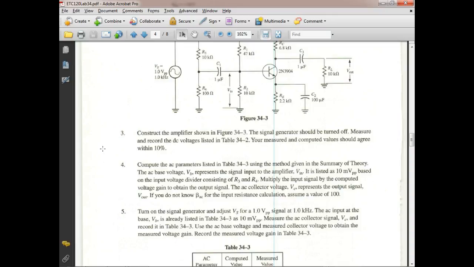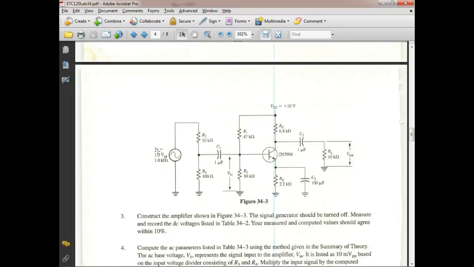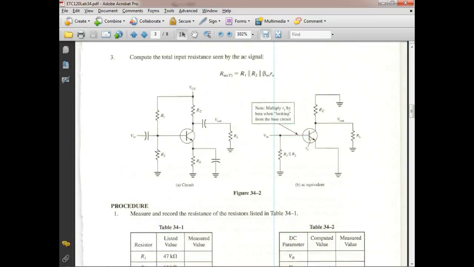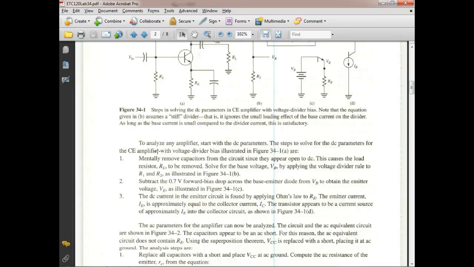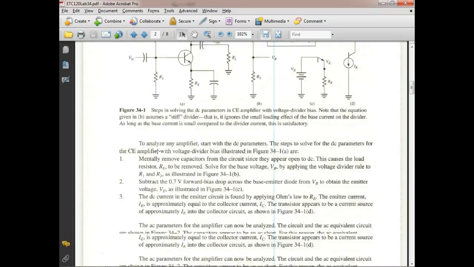Lab 31 is the diode characteristics. That's the one where we actually went in and did the reverse bias in the room. There's nothing in the to-be-graded box.